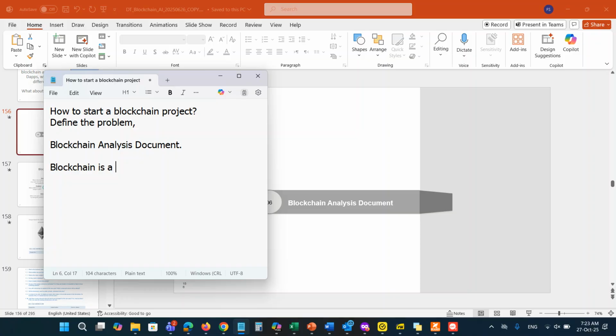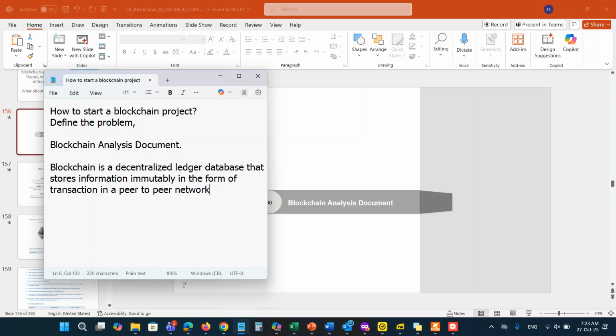Blockchain is a decentralized ledger database that stores transaction information immutably in the form of transactions in a peer-to-peer network, right? This is essential about blockchain. It's like a database. It's not exactly a database. It's like a database, a ledger that stores transactions immutably in a peer-to-peer network, right?